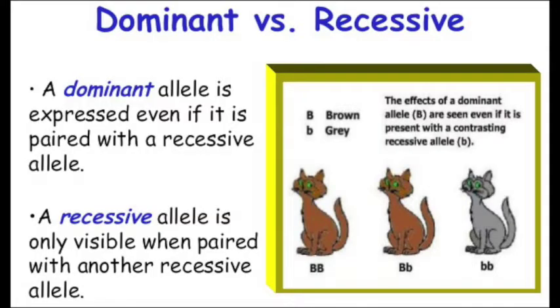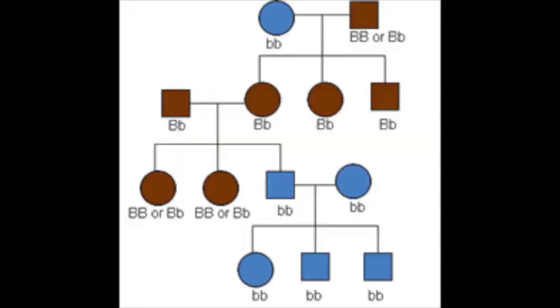Dominant means that one of the versions triumphs over the other. In our example here, brown is dominant over blue, so you end up with brown eyes. The way people write out dominant and recessive traits is that the dominant one gets a capital letter and the recessive one a lowercase letter. So for eye color, brown is B and blue is small b.